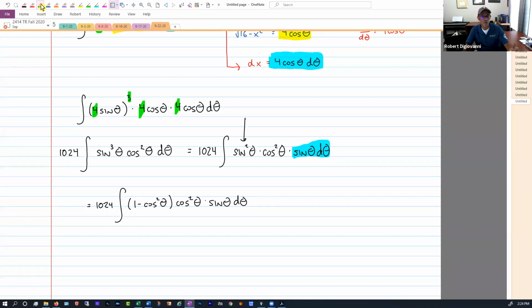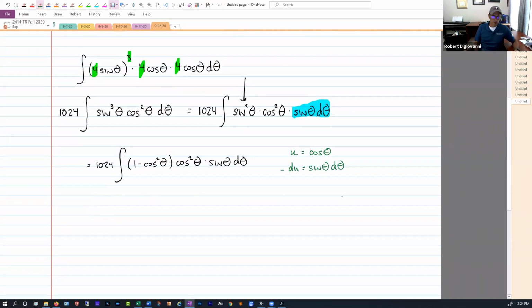And now I'm ready for a basic u substitution. The u is cosine theta. du of that is negative sine theta. I'm going to go ahead and move the negative to the other side now. You'll just stop me if I'm doing anything that you are lost on here.